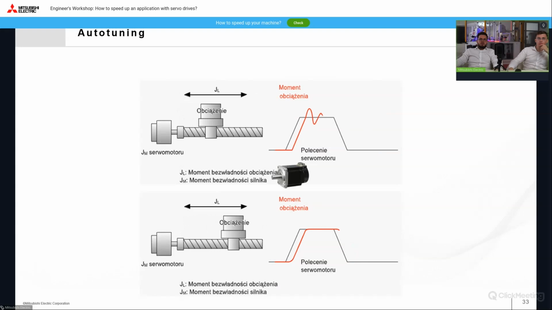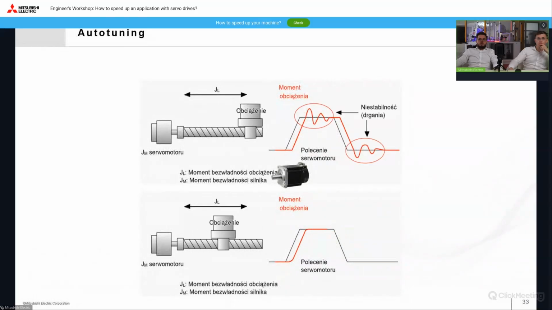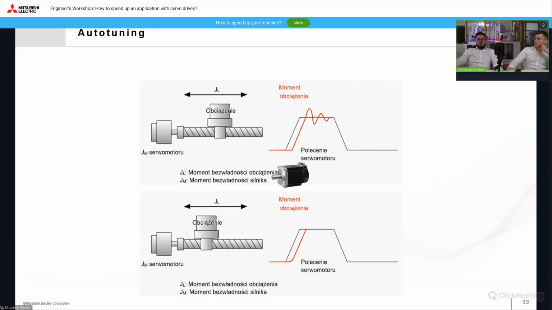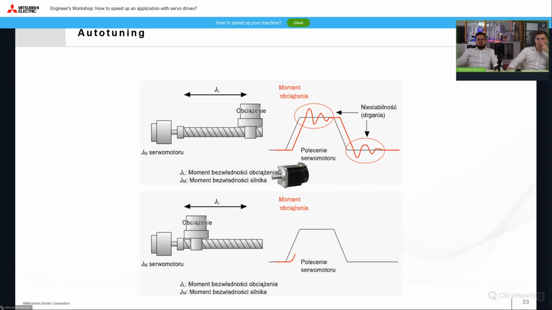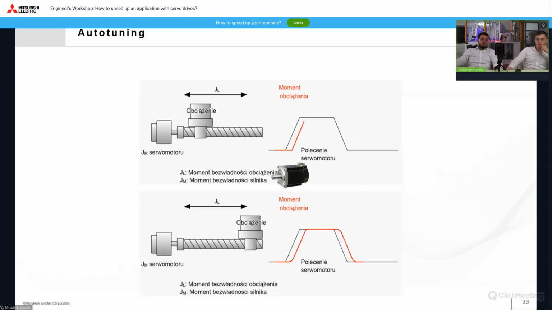In addition, the performance characteristics of the servo drive will be better overall, resulting in a smoother and more efficient movement. Getting the right controller parameters through manual tuning would be in many cases impossible. We would have to settle for a less efficient application.